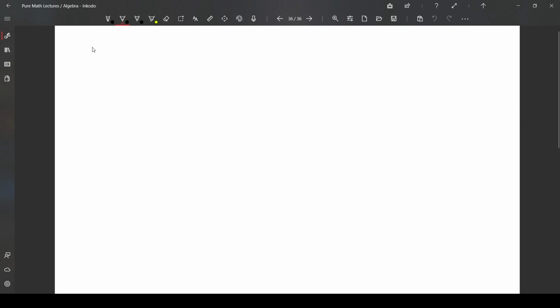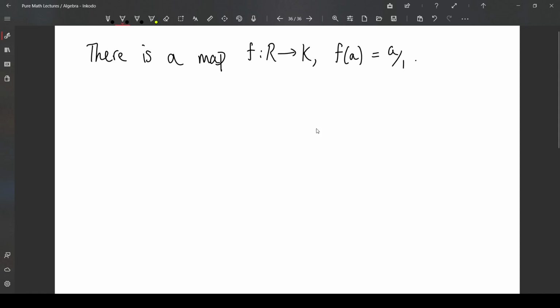So what I mean by that is there is a map, I'll just call it f from R to K, which sends the element a to the fraction a over 1. And you can check that this is an injective ring homomorphism.